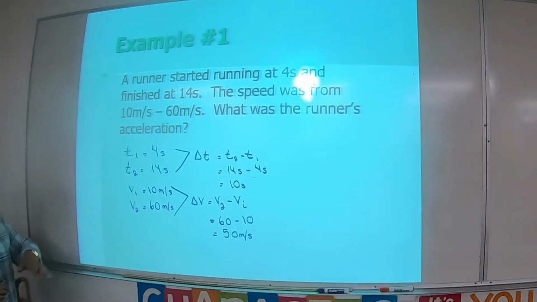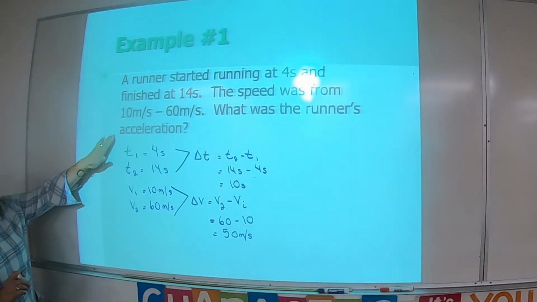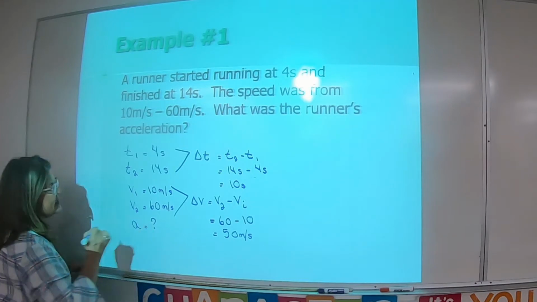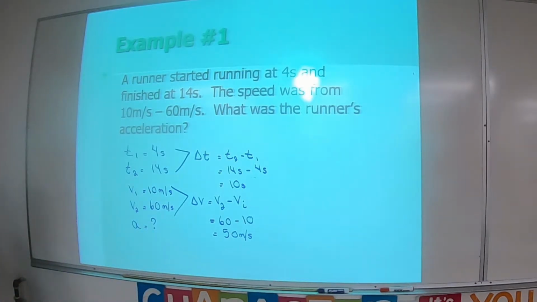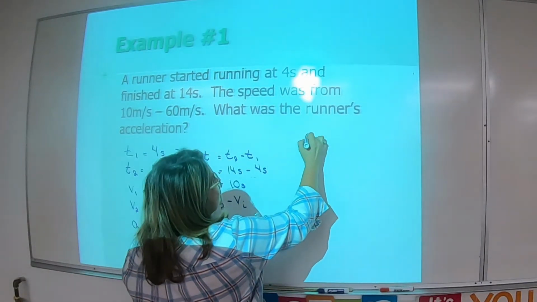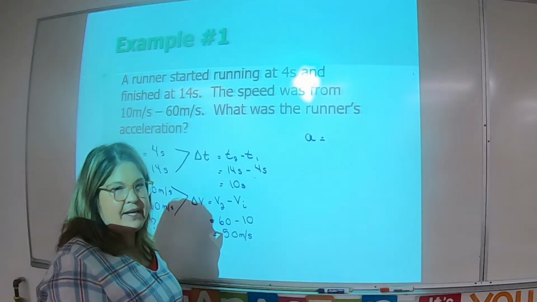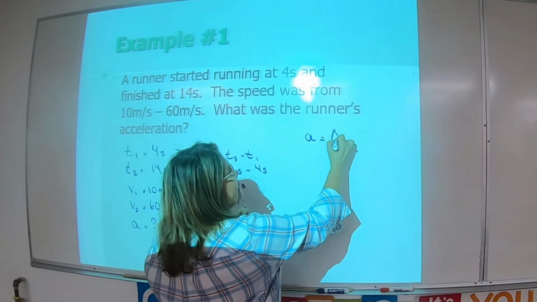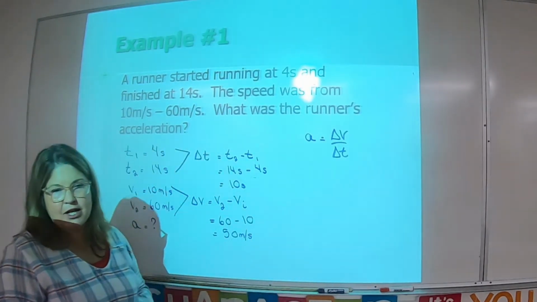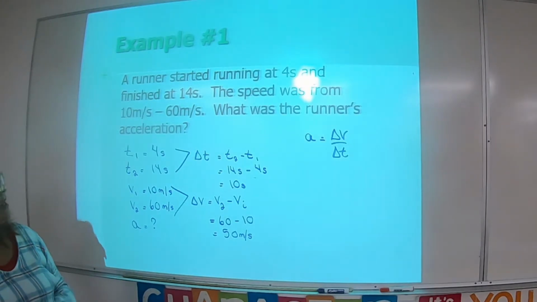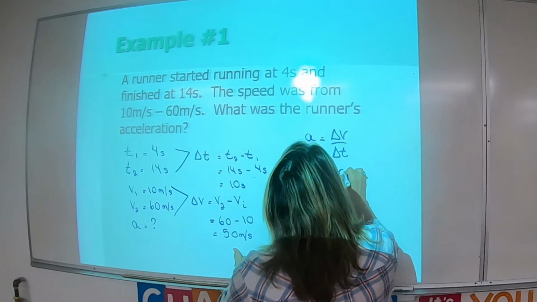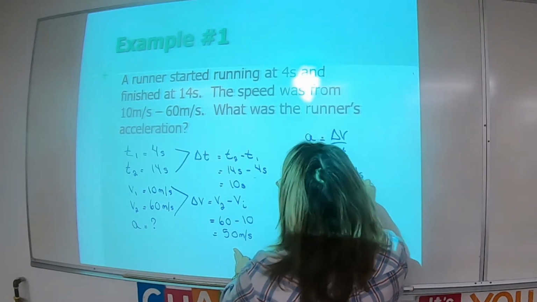Then it says, what was the runner's acceleration? So we're looking for the acceleration. So when we go through this, we find on our formula sheet, acceleration is equal to the change in speed over the change in time. Okay, so change in speed, 50 meters per second.